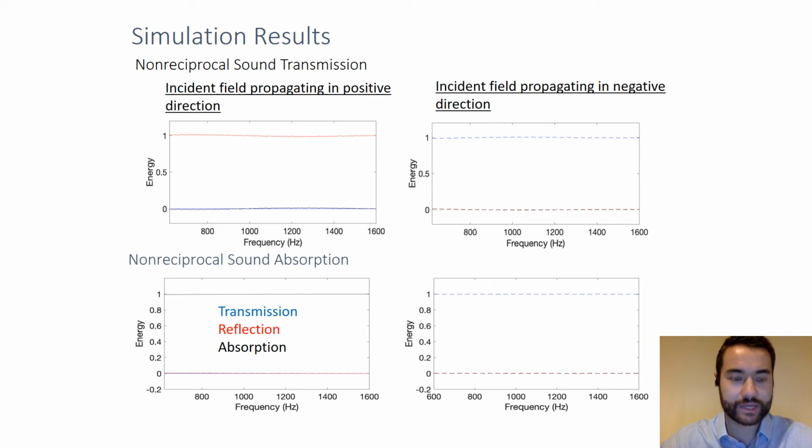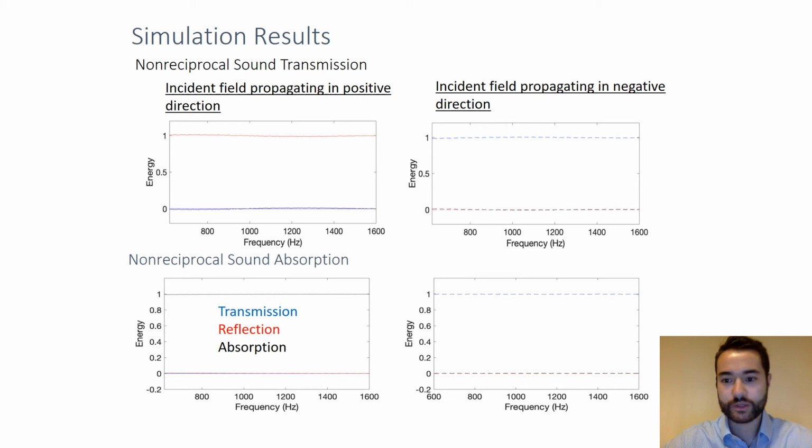Here I'm going to present the simulation results when implementing the two proposed active control systems shown in the previous slide. The performance of the active control systems has been evaluated in terms of transmitted energy, which is shown by the blue line in all these plots, the reflected energy, shown by the red line, and the absorbed energy, shown by the black line.